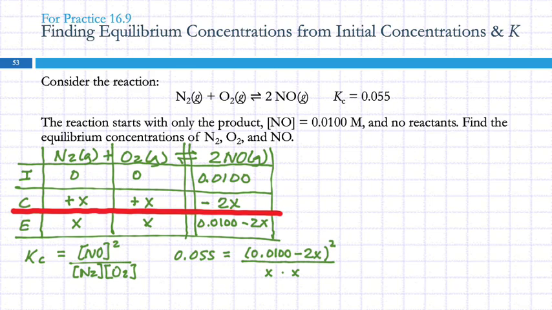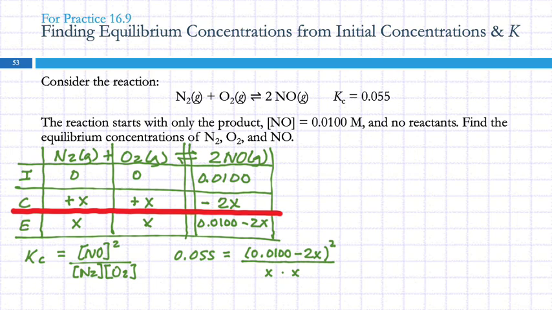So you could do algebra there and solve it for x. But I like algebra, and I don't want to do that. I'm going to use my solver, right? Why not? So I'm going to go to my number solver and clear out that last thing that I did. On the left, I have 0.055. On the right, I have a fraction, so I'm going to use my fraction button.